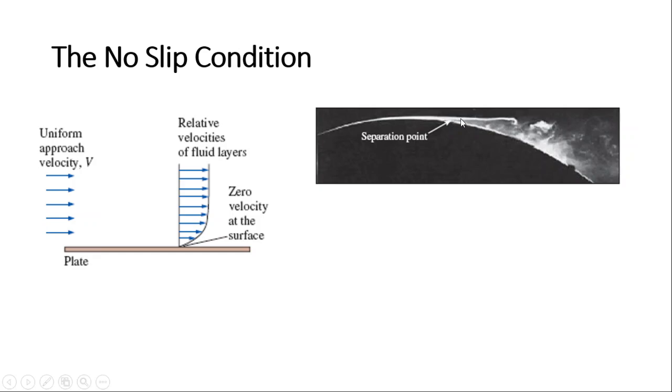If the velocity is very low, you can't differentiate this point; it moves in a manner that fills up all these layers. But if we increase the velocity to a very high mark, there is a sharp point at which the liquid layers separate from the solid surface. This point is called the separation point.